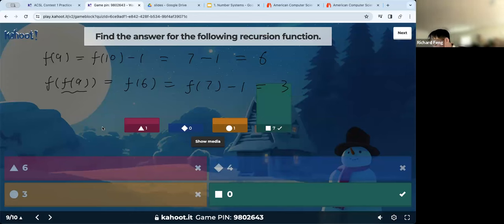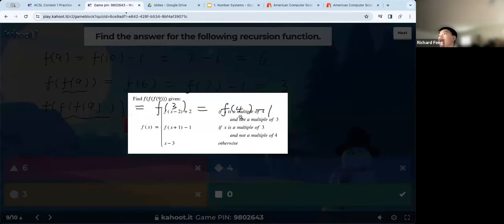And then f of 9, which is what we are looking for. We know f of 9, this whole thing inside, is 3. So what we're really looking for is just f of 3. 3 is a multiple of 3 and not a multiple of 4, so we're still using the second expression. And 4 is a multiple of 4, but not a multiple of 3.